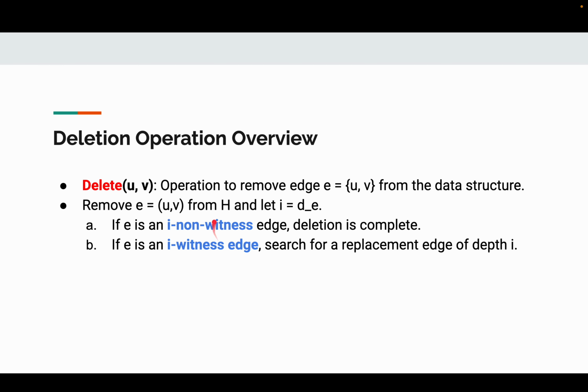However, if e is an i-witness edge, its removal could potentially split an i-component, requiring a search for a replacement edge of the same depth to maintain the connectivity. This initial step sets the stage for a more complex process when dealing with an i-witness edge, as we aim to preserve the maximum spanning forest property of invariant 2.2.